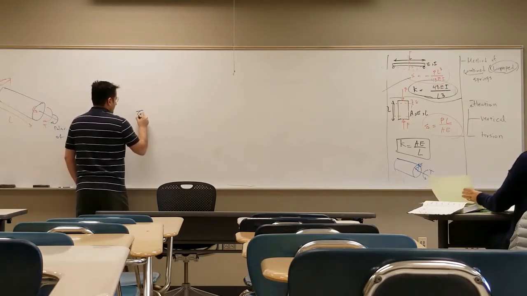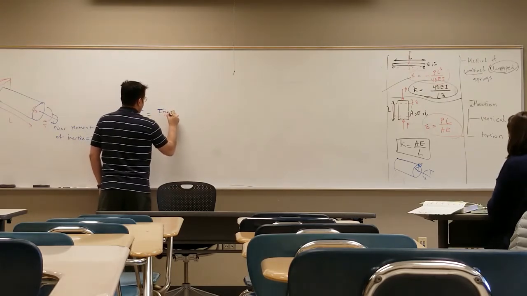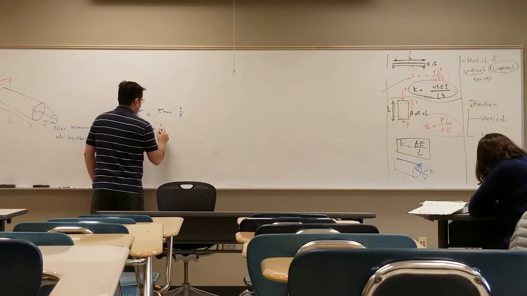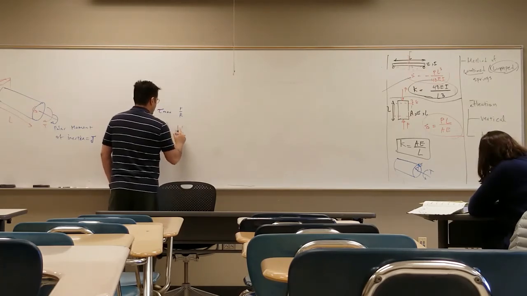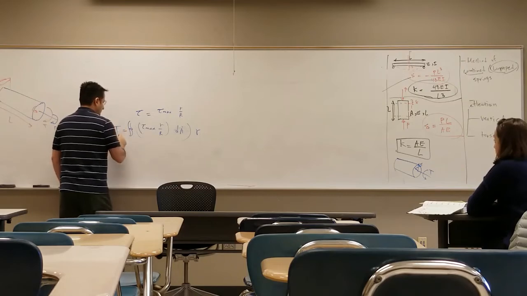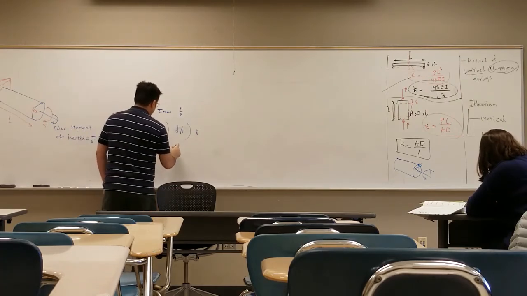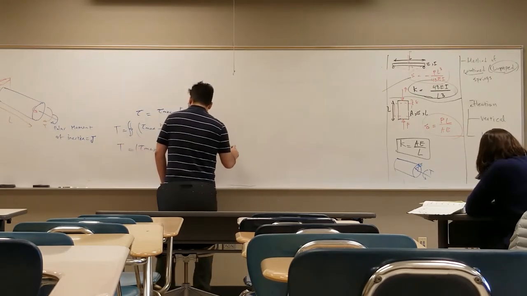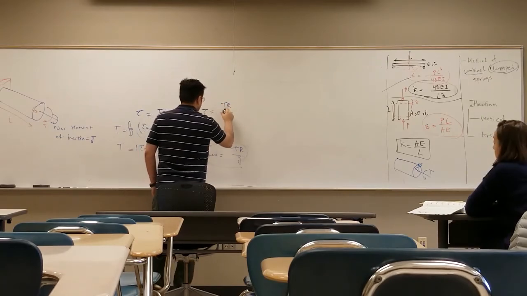You had torque T equal to tau max times R over R, including that R over R. Torque is equal to tau max, R squared, which is J, over R. So tau max is equal to TR over J. Put it here, tau is equal to TR over J.